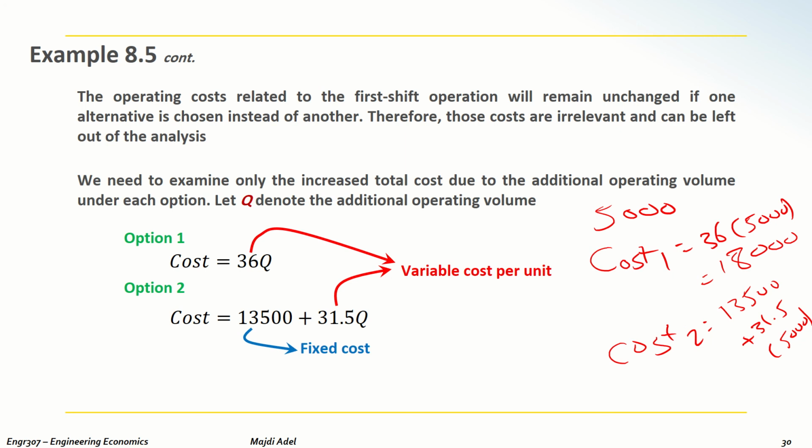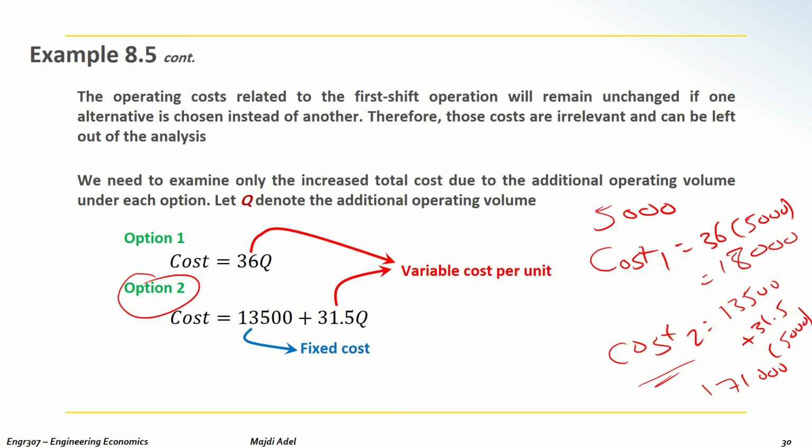which is going to be $171,000. So it's clear that any volume greater than 3,000 units will make the second option more profitable or more economical.